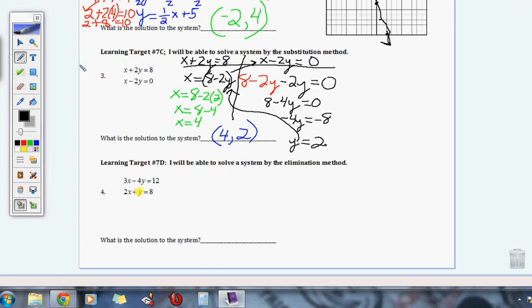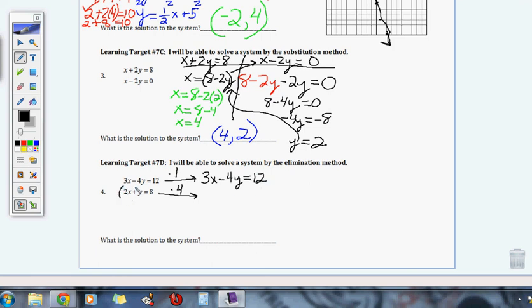I'm going to multiply this bottom equation here by 4. The top one I'm going to leave entirely the same, so I'm just going to show multiplication by 1. So the top one is just going to be 3x minus 4y equals 12. No change.